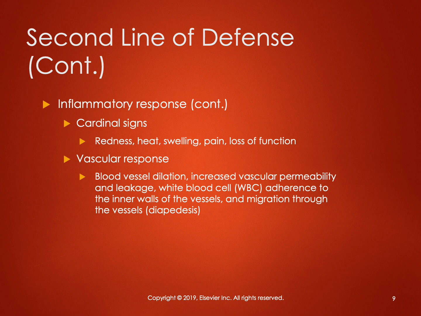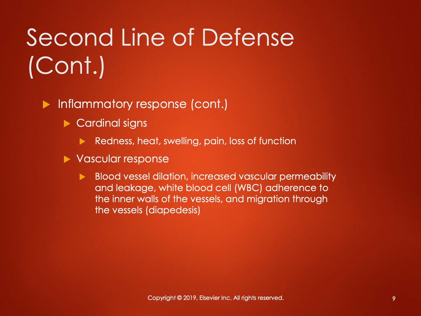With any of those injuries, we often see in the acute phase some classic symptoms. These classic symptoms, also known as cardinal signs, consist of redness, heat, swelling, pain, and loss of function. And once that occurs, we see those symptoms.